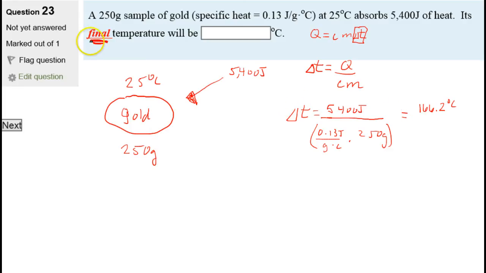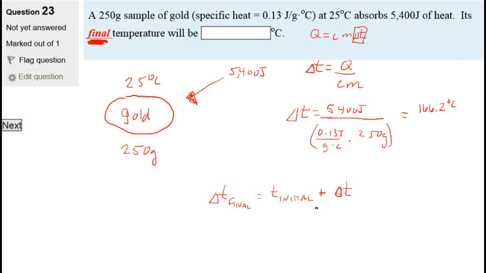What we're being asked to find is the final temperature. To get the final temperature, I have to take the initial temperature and add the change in temperature.